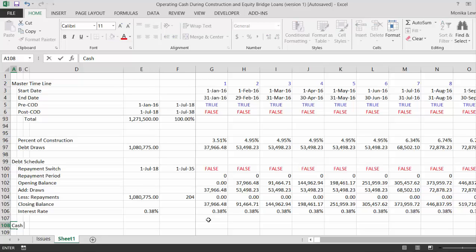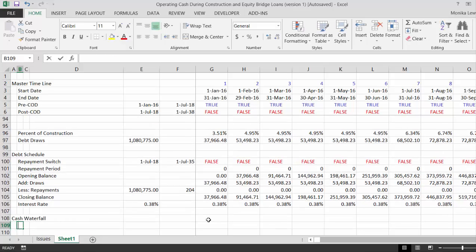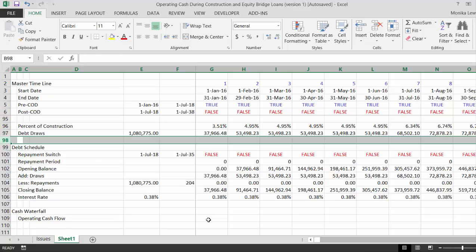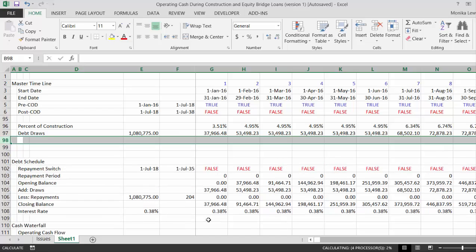our cash waterfall. We can put our operating cash flow. And, you know, we should have, up here, of course, put our, now, what am I going to do with the interest during construction?